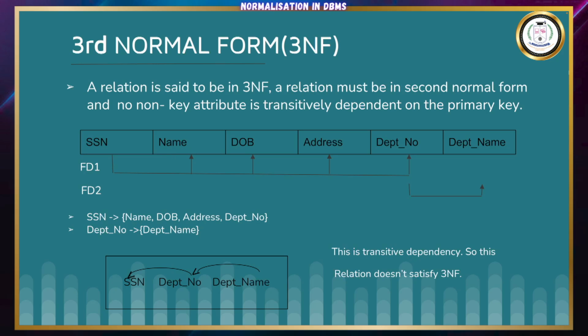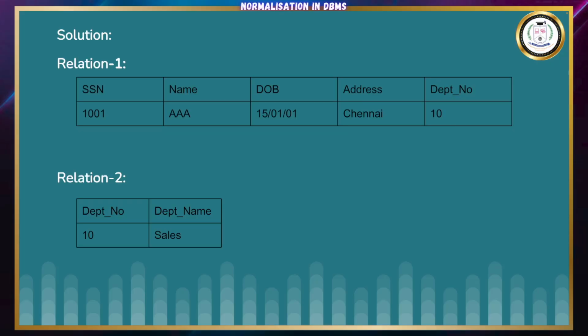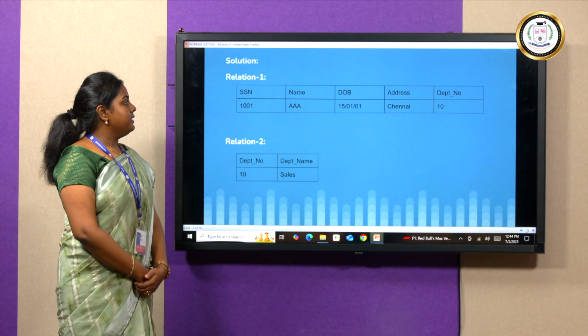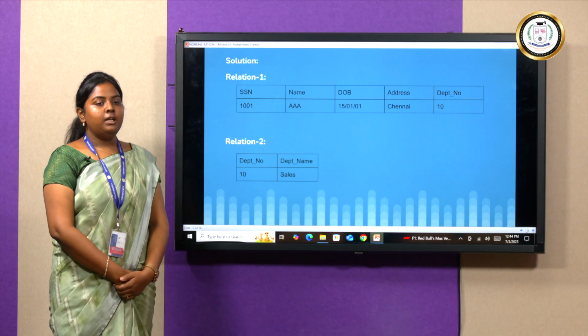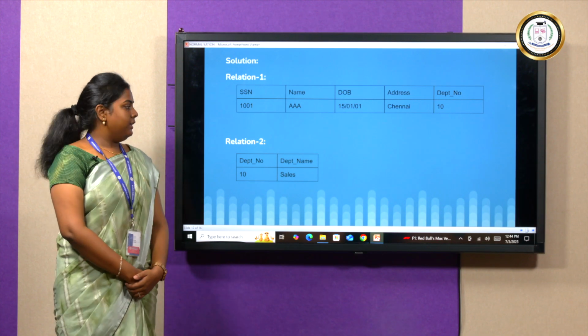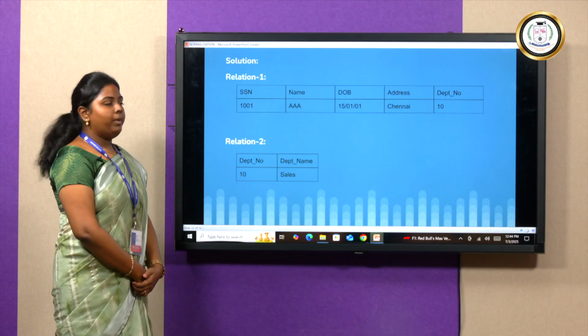In the second, the department name is dependent on department number. It is not dependent on any other column. So here we are finding the optimal solution by splitting the table into two. The first has department number, address, DOB, and name dependent on SSN, and in the second relation only the department name is dependent on department number.